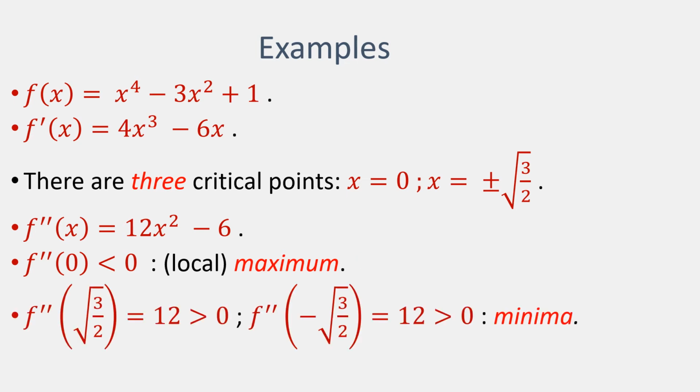In the other 2 cases, when we evaluate this function involving these 2 critical points, in both cases the result that's returned is 12, a positive number, so both of these points are local minima.